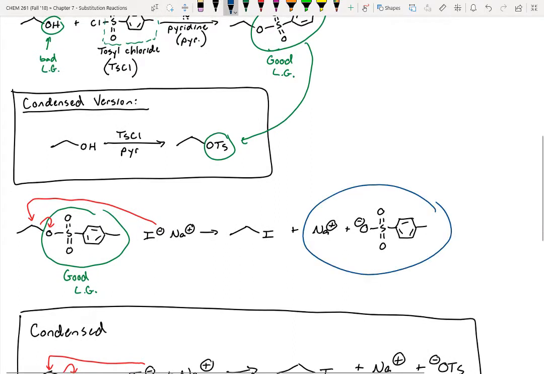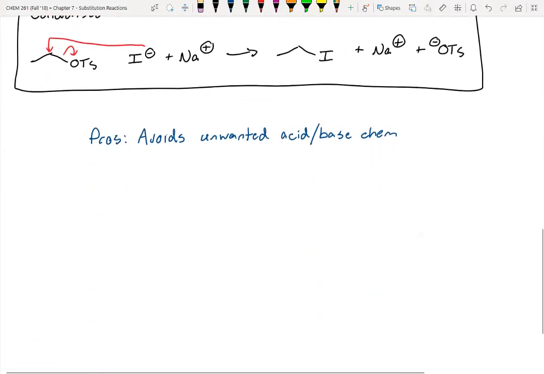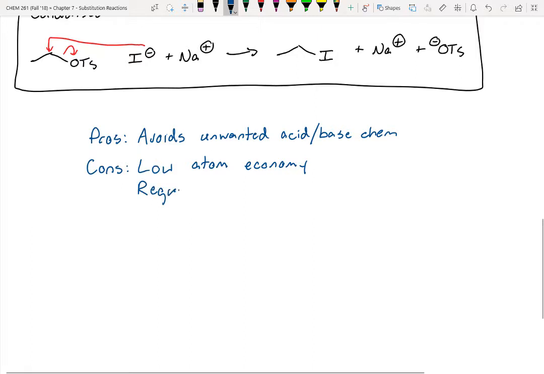That we now have to deal with and clean up as a chemist in order to purify and sell that compound. So the atom economy for this is much, much, much lower. So low atom economy. And it requires purification.